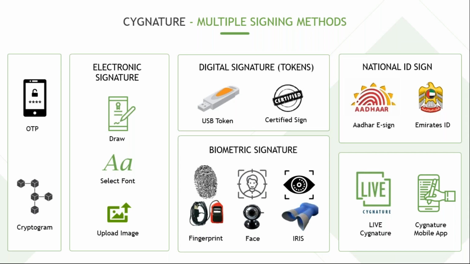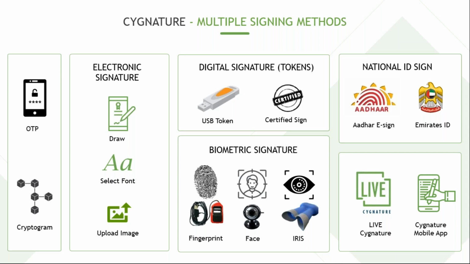We also support integration with USB tokens as well as certified signatures from certifying authorities such as Global Sign. We also support biometric signatures, which range from fingerprints or facial recognition using a webcam. We can capture a photograph and place it on the document. And we can use devices to scan the iris, and that also can be used as a signature.